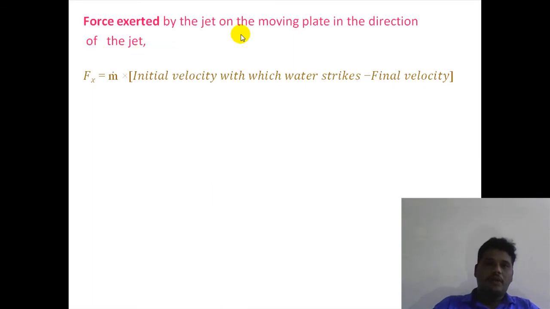The force exerted by the jet on a moving plate in the direction of the jet is Fx, equal to the mass flow rate times the initial velocity at which water strikes minus the final velocity of the jet.